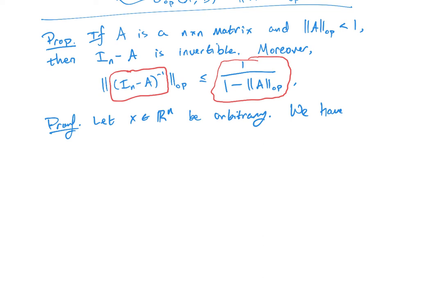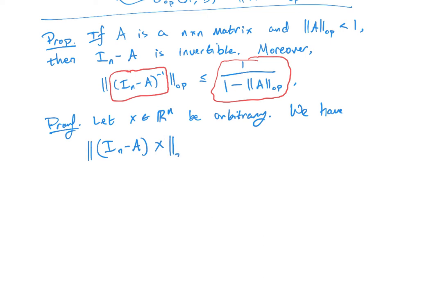So let's look at the thing we'd like to show is invertible, times x. Again, we want to say this can only be 0 if x was already 0.